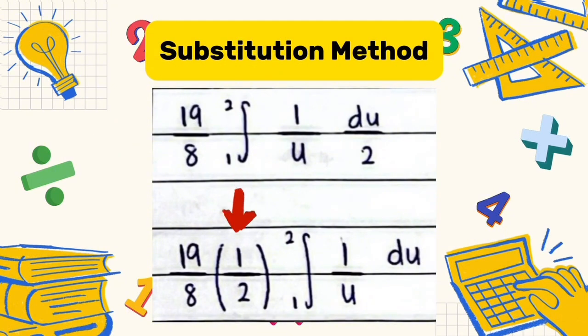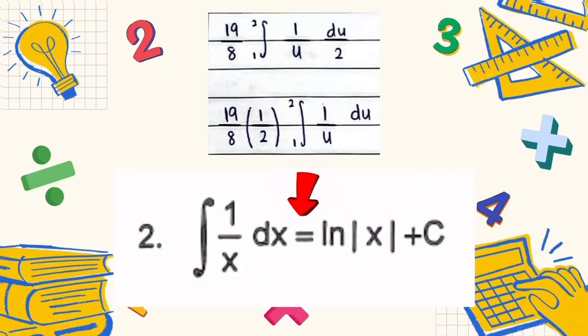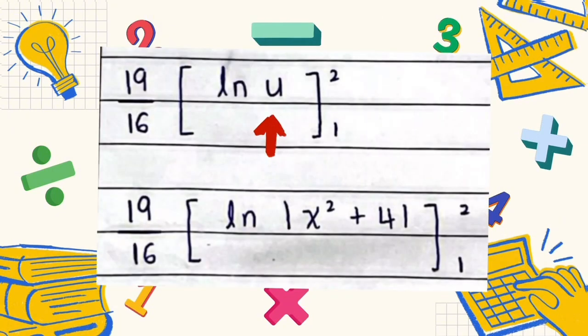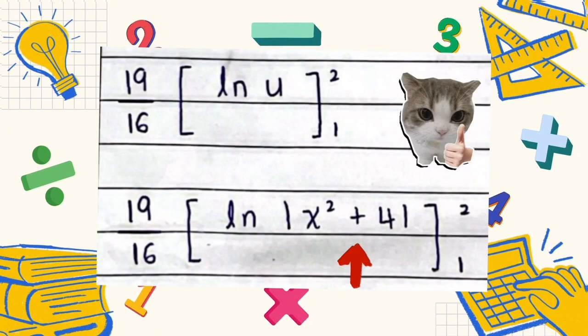Remove the 1 over 2 and multiply it by the constant. Thus, by using the natural log rule, the integral of 1 over x dx equals ln x, this simplifies to 19 over 16 ln u, then 19 over 16 ln of x squared plus 4 once we switch back to x.